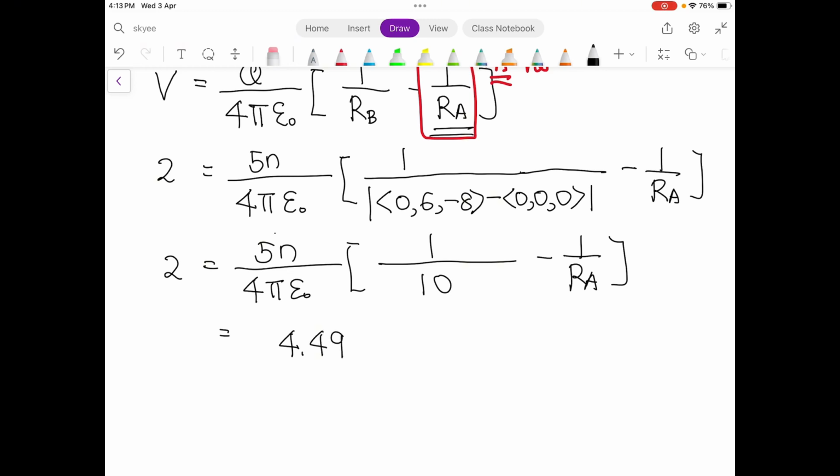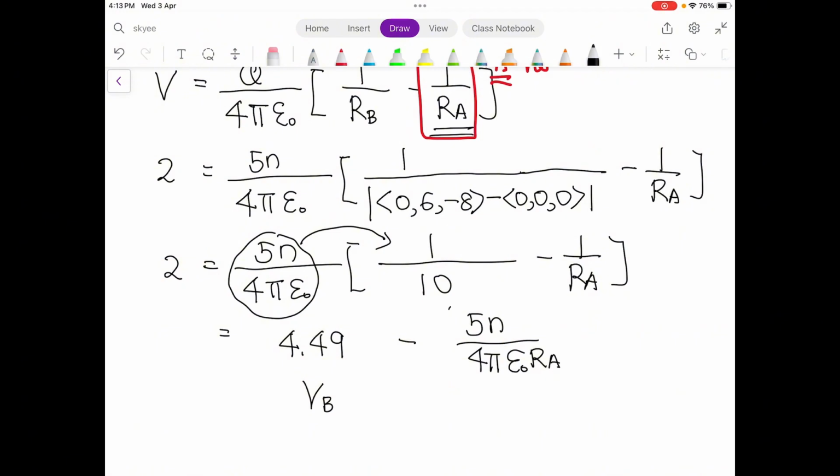I multiply this one inside. So this one will be the VB minus the VA, and this one is the VA, equals 2.